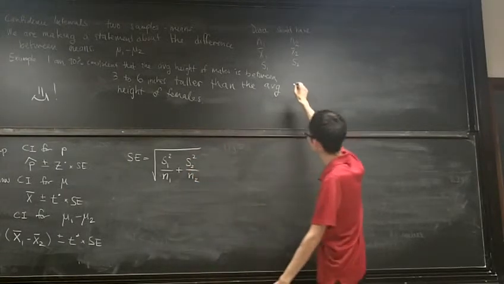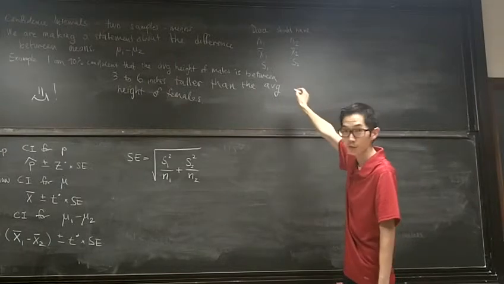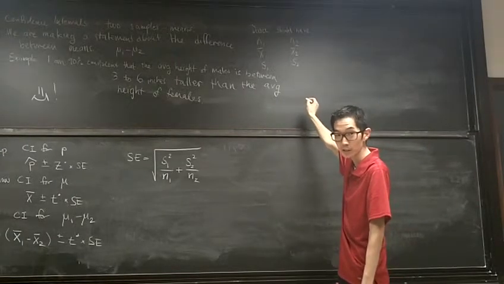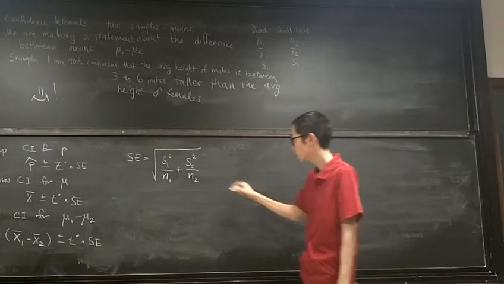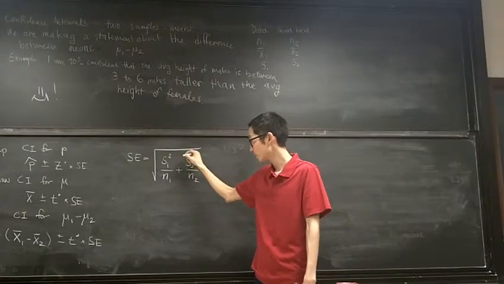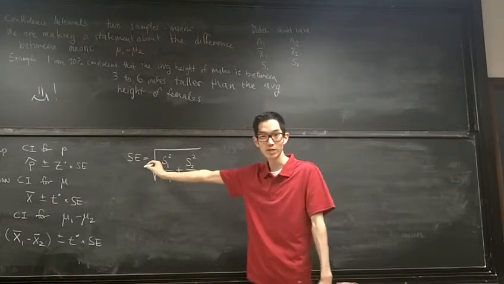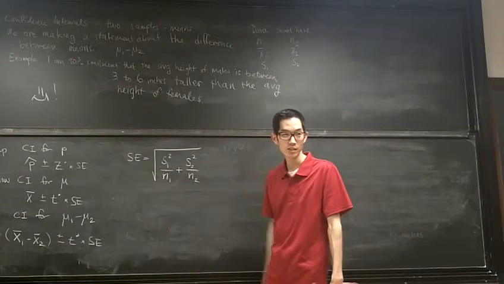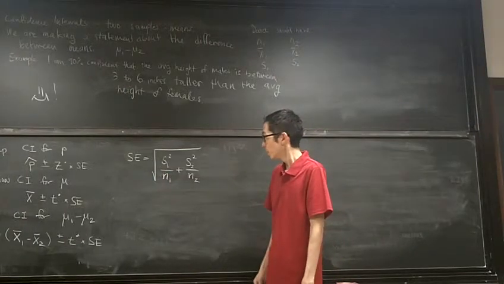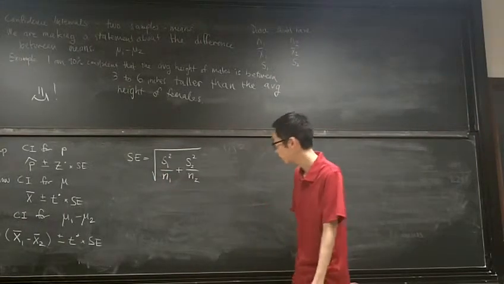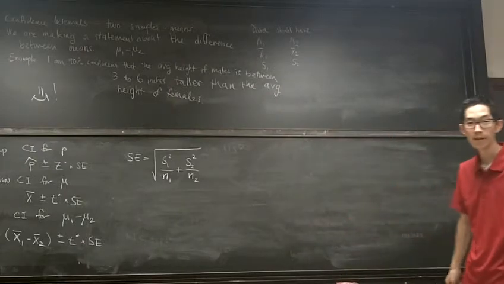So you find the standard deviations of the first sample and the second sample, S1 and S2. So you figure these out, and then you combine them to get this standard error. Oh, okay. Is that alright?